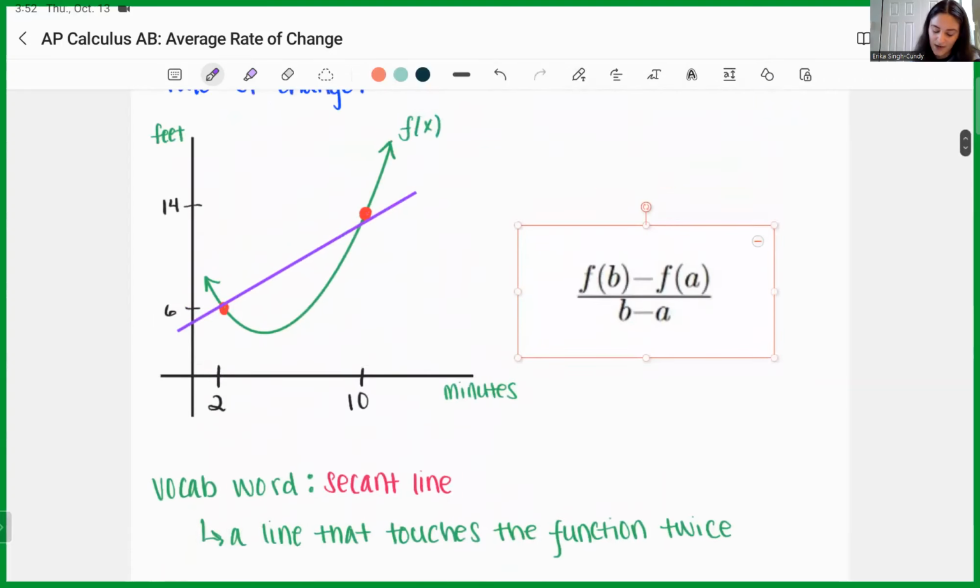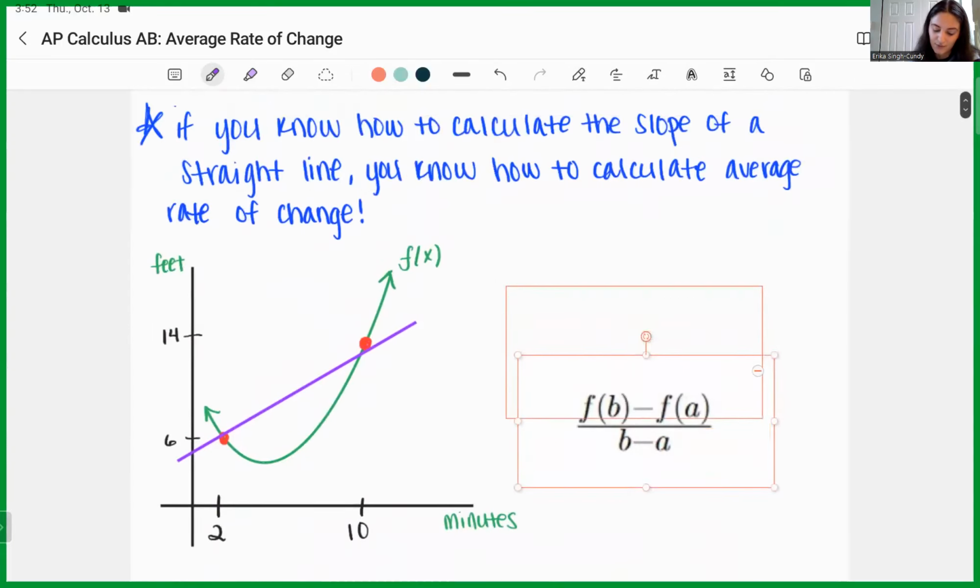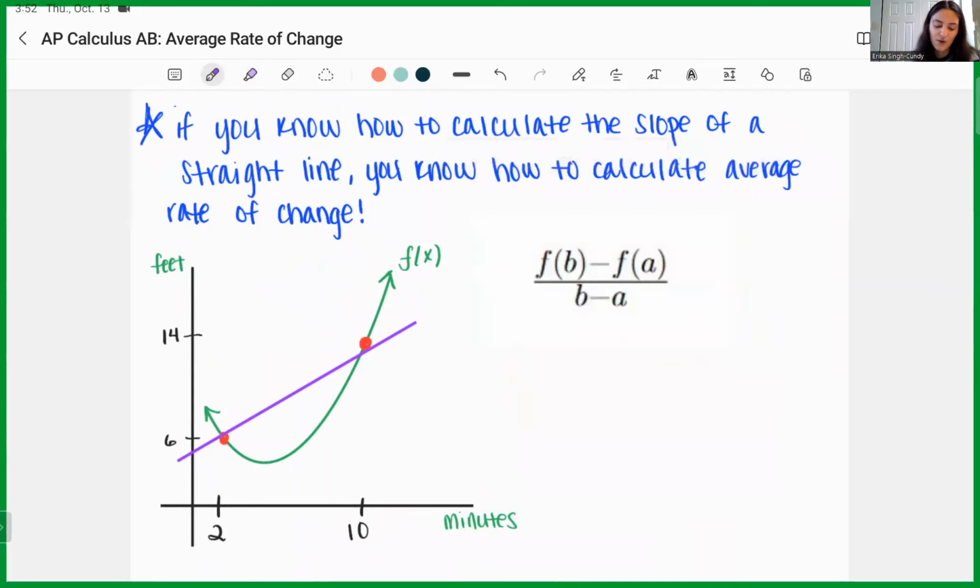And this is our average rate of change formula. Hopefully this looks really familiar to you, right? If you look at the top, you have f of b and f of a. Those are both y values of the function, right? And then on the bottom, you have b and a. Those are both x values of the function. So we have two y values on the top that are being subtracted from each other, and two x values on the bottom that are being subtracted from each other.